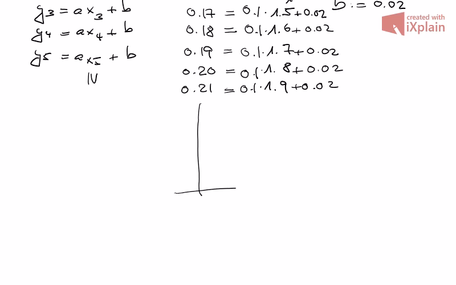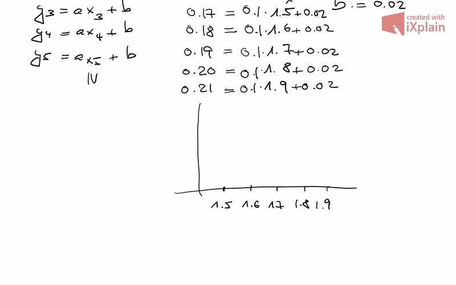So now we want to plot these numbers, or I want to plot them. So it kind of makes sense to have 1.5 here, 1.6 here, 1.7 here, 1.8, 1.9. Yeah, that's enough.